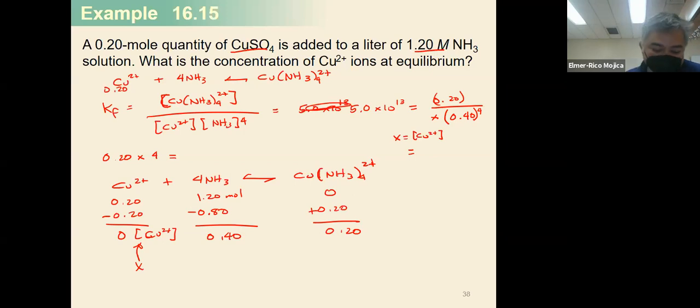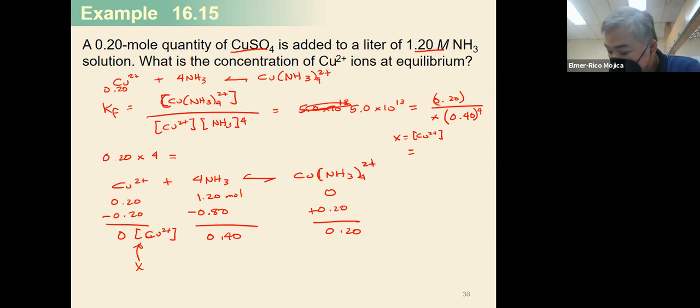What do you get? Anyone? So 5 exponent. So 0.40.